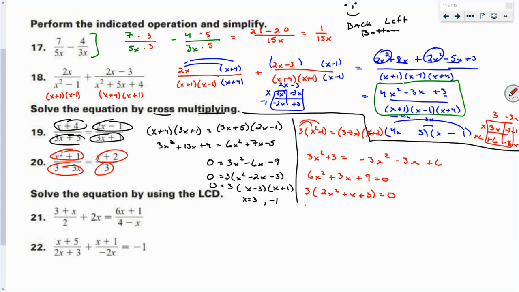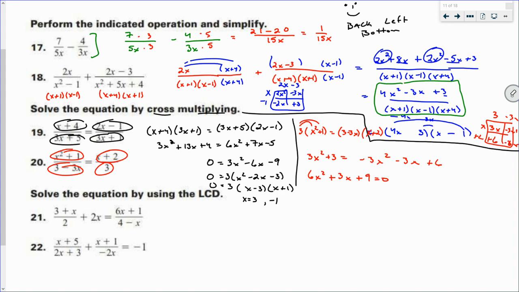Please, oh please, factor. It's a lot quicker when you do. Can't get my signs right. Yeah, that 3x and 2x make 1x. It's not going to have the right signs. So, backwards.